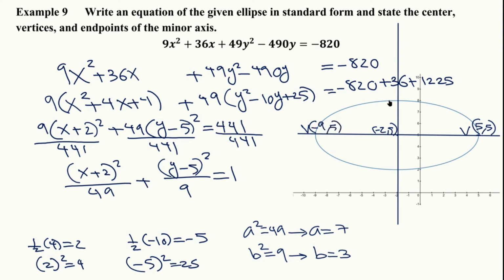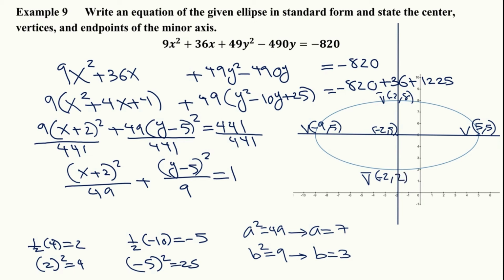As far as the minor vertices or the co-vertices, right, we're going to have the same x. They're both going to have the same x value, right? For the y value, I'm going to start with the 5, and I'm going to add 3 for the top one to get 8. And I'm going to subtract 3 for the bottom one to get 2.